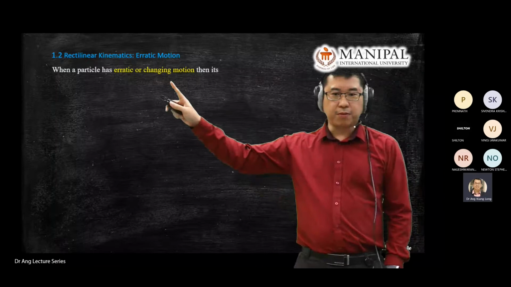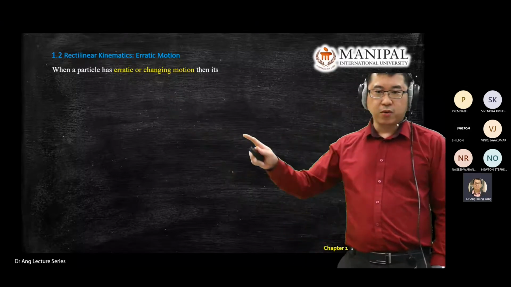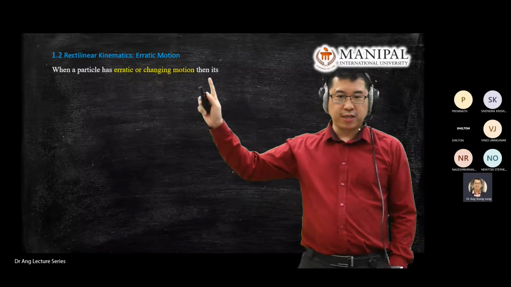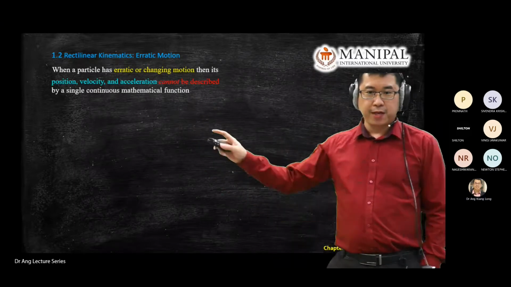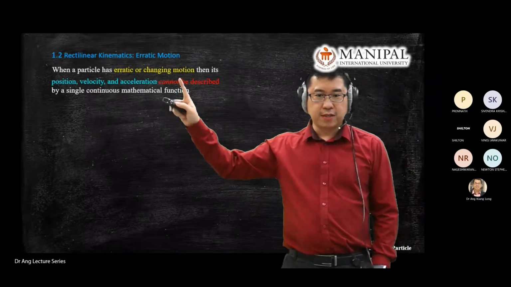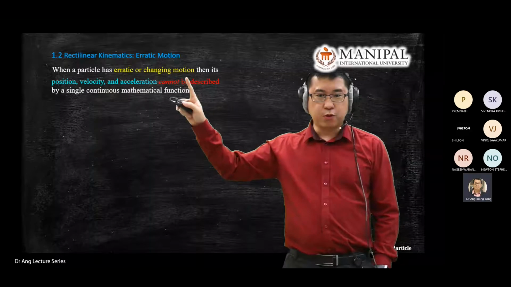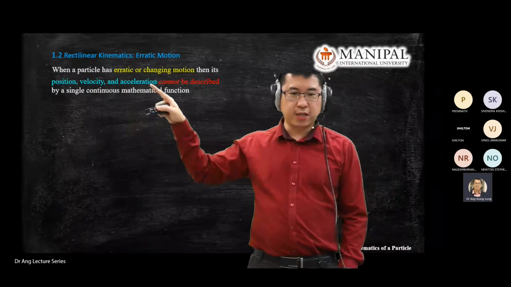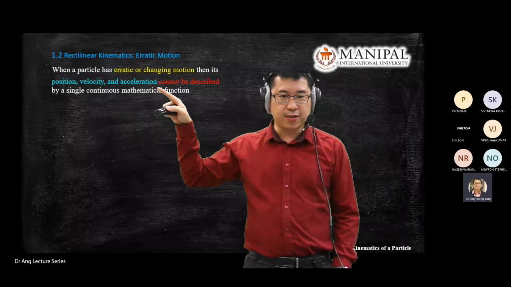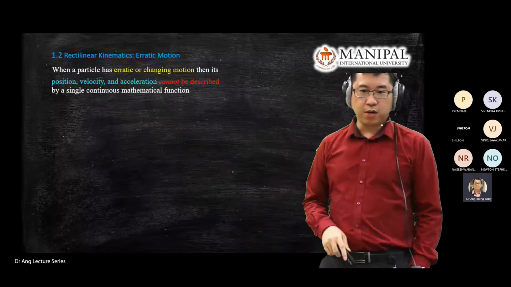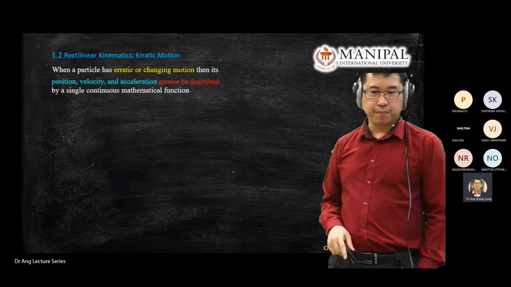There's a change of motion. When there's a change of motion in your calculation, three important keywords that I highlight in the blue color: your position, your velocity, your acceleration will change also.